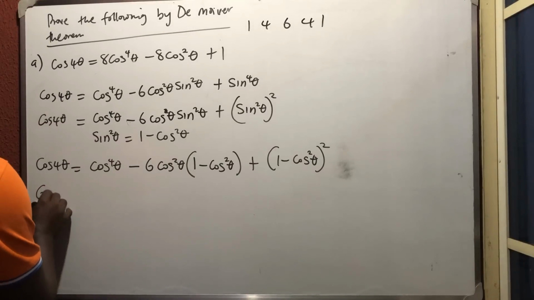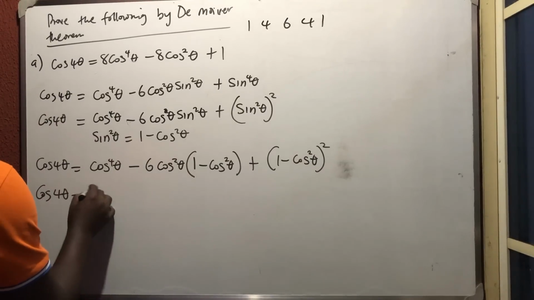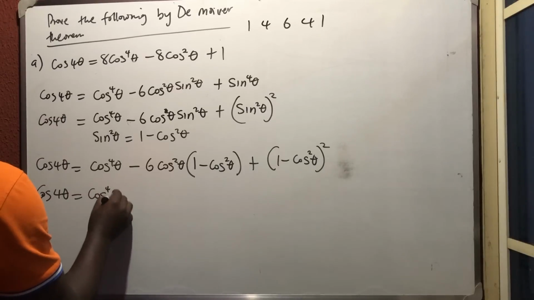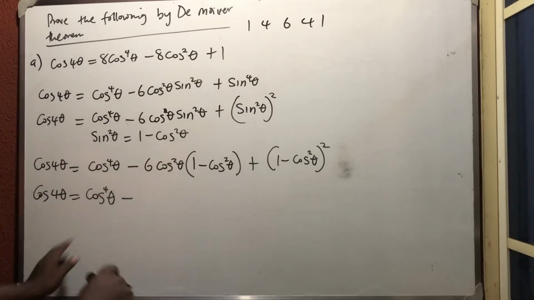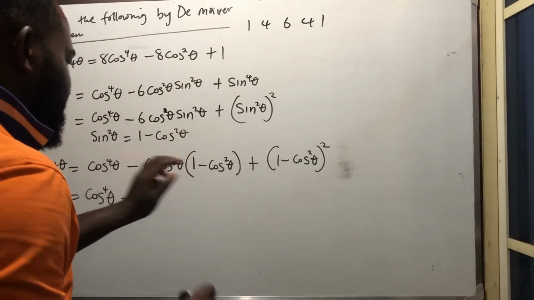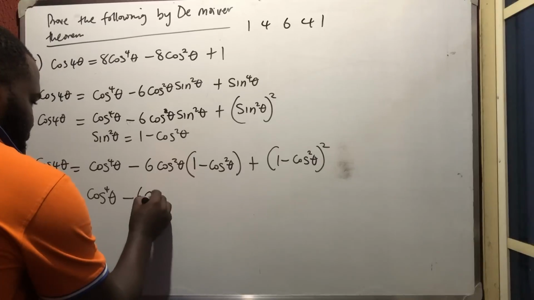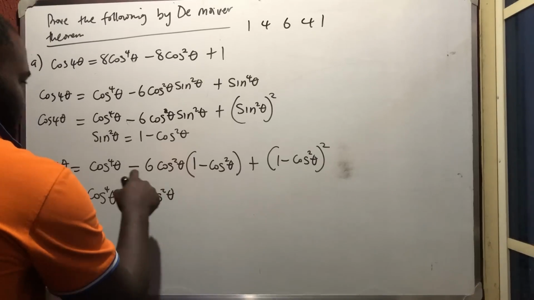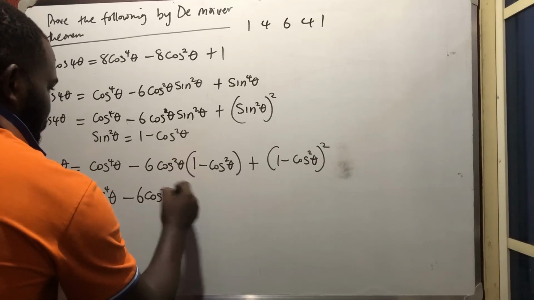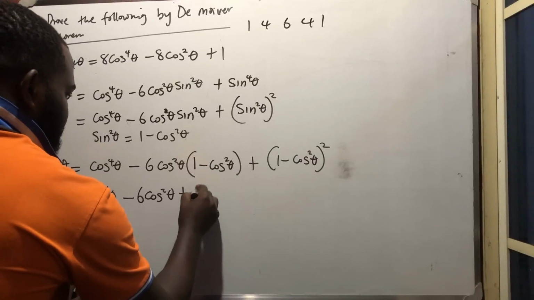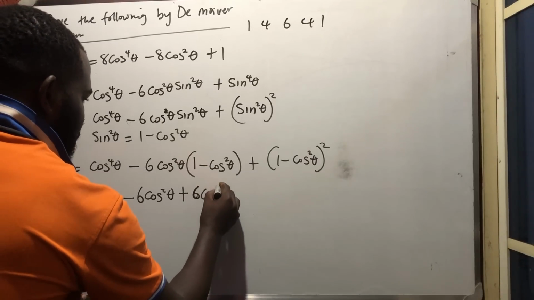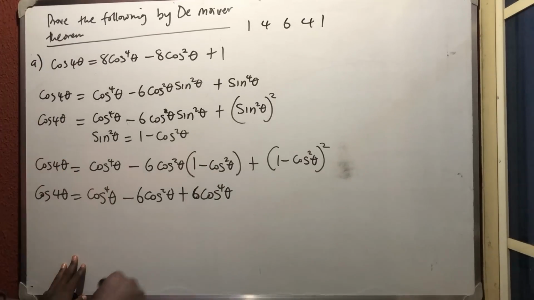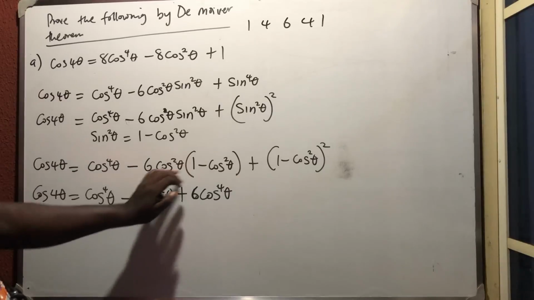I'm having cos 4 theta is equal to cos^4 theta like this, minus, minus 6 times this will give you minus 6 cos square theta. Minus minus is plus. This time this will give you 6 cos^4 theta. So I'm done opening this bracket.